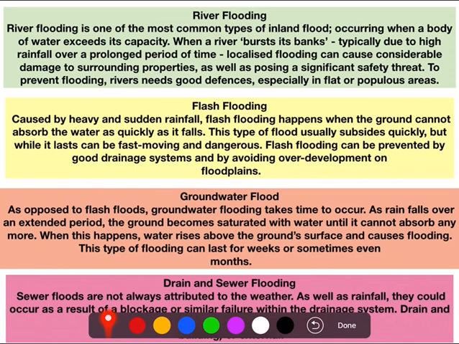Like flash floods, they develop slowly, but they will not subside quickly either. To subside it takes time, because the soil is already 100% saturated, so it will take some time to subside. So that is what groundwater flooding is.